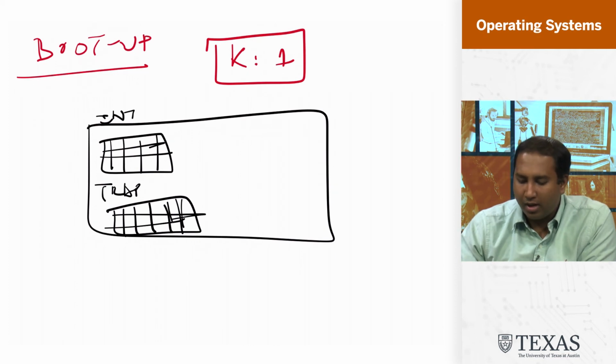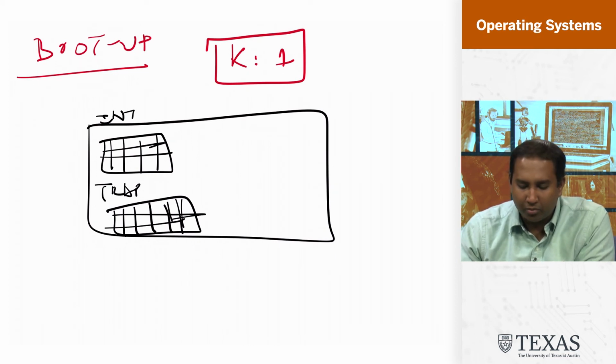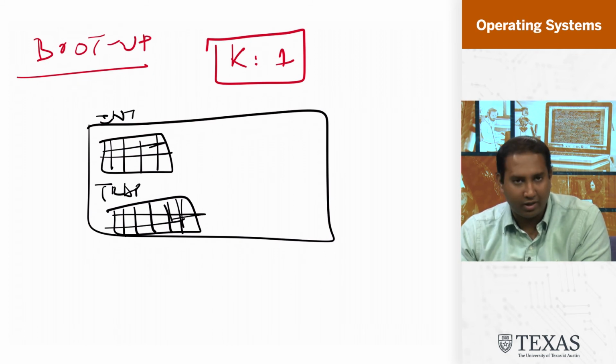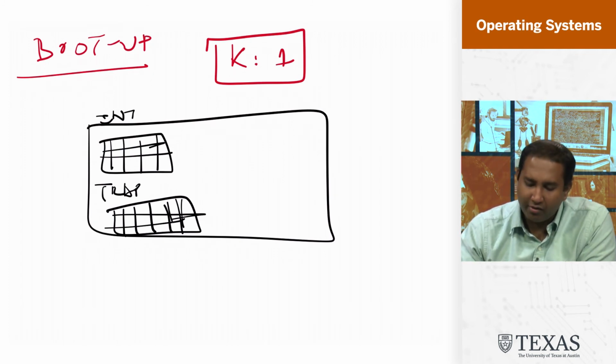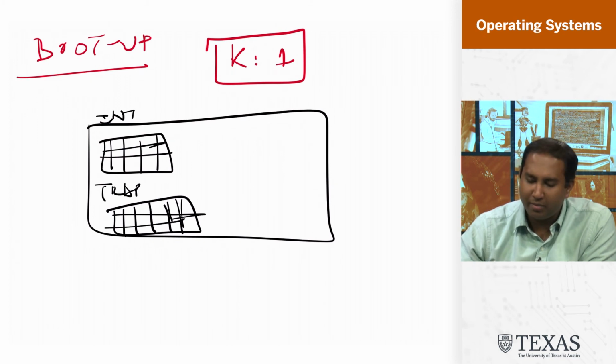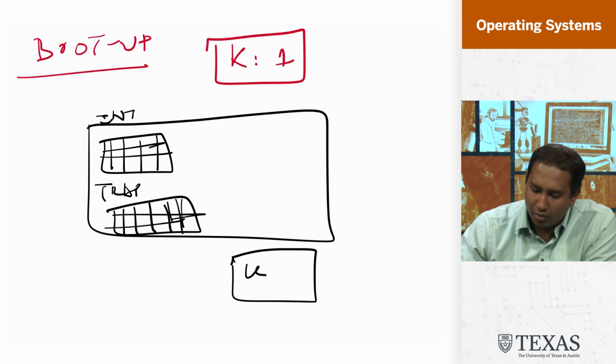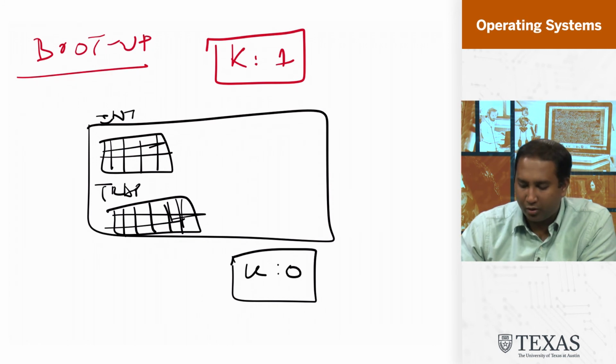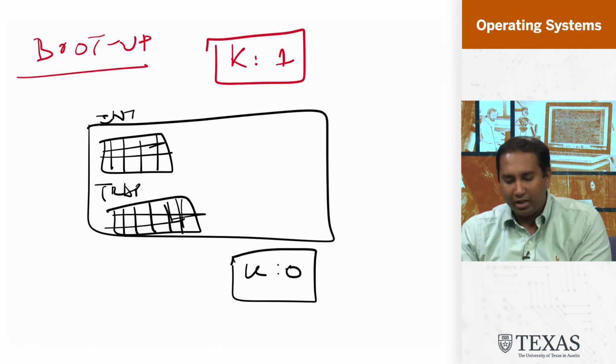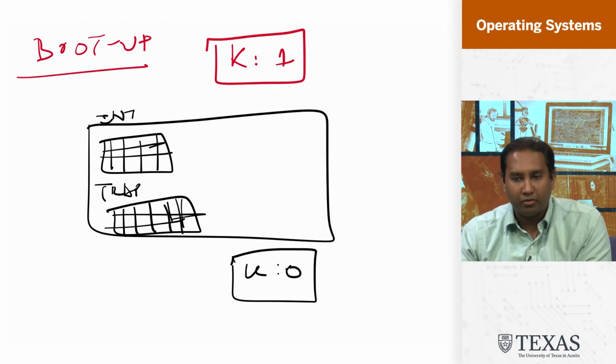Because it's in kernel mode, only the operating system can set all of these things up correctly. At the end of this process, it has set everything up, and it will move from kernel mode to user mode. That's really the start of this whole thing, the boot up process.